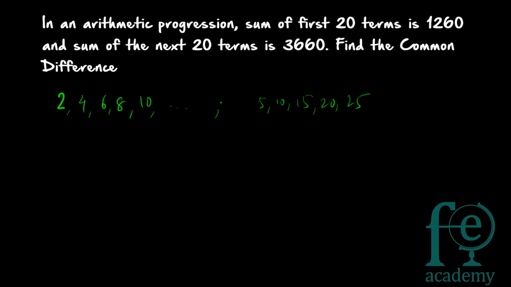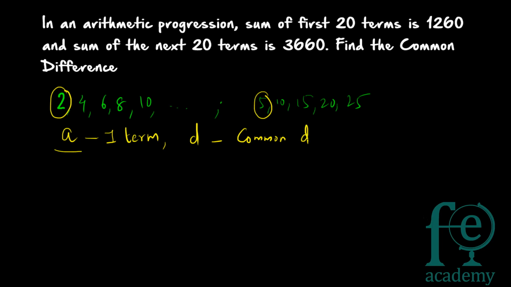Now we can write down the formulas pertaining to an arithmetic progression. In an arithmetic progression, normally the first term is denoted by A. So here A is equal to 2 for this particular arithmetic progression. Similarly, for the second arithmetic progression, A is equal to 5. So A denotes the first term of the arithmetic progression, and the common difference is represented by D. In the first series, D is equal to 2.